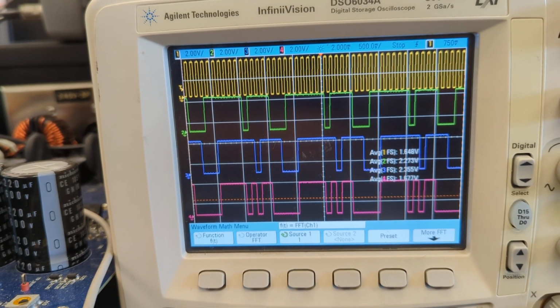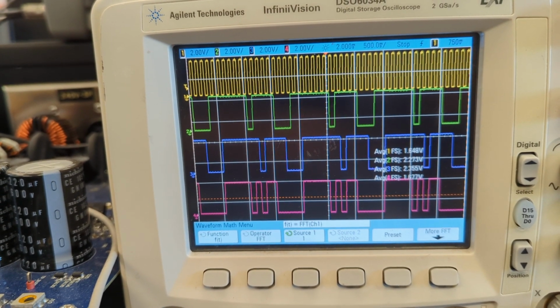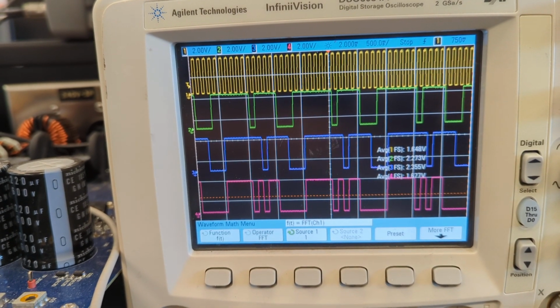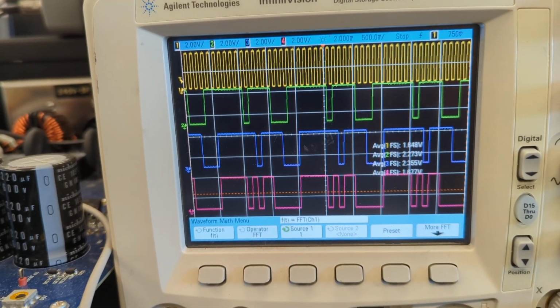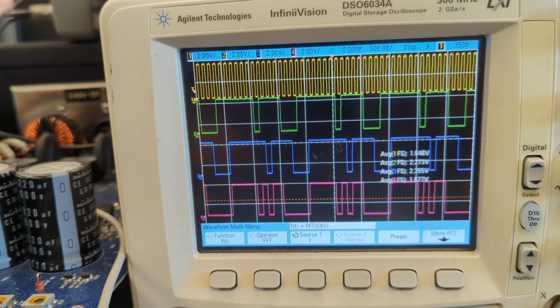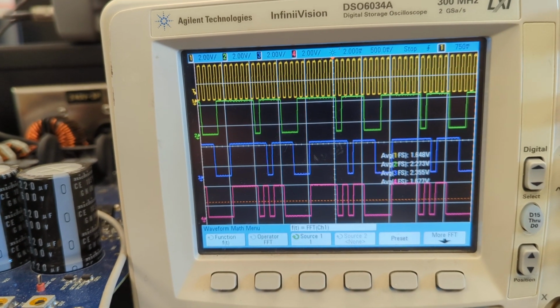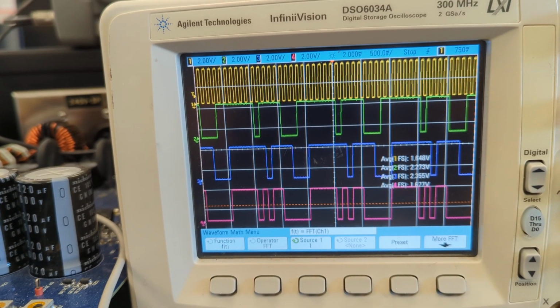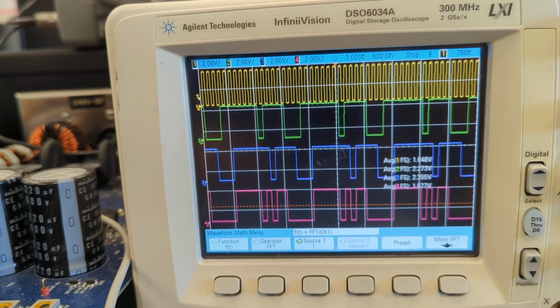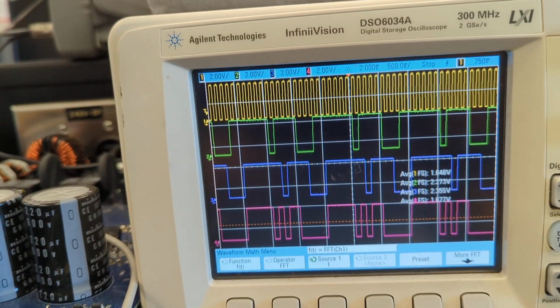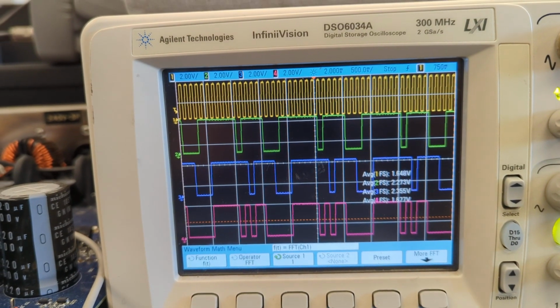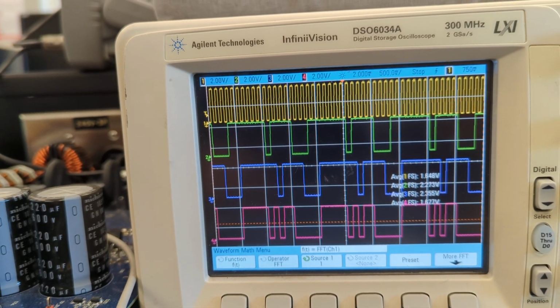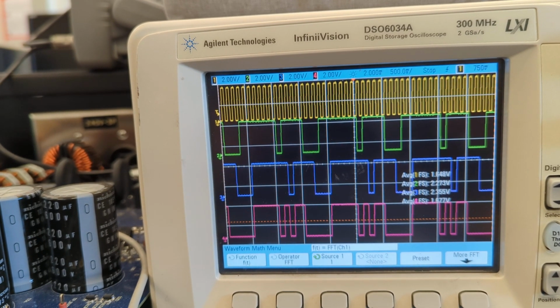The answer should be 0.56, and what we're getting is 1.67 divided by the power supply voltage 3.3, so we're getting about 0.54, right? So it's actually working, and it's relatively easy to test.